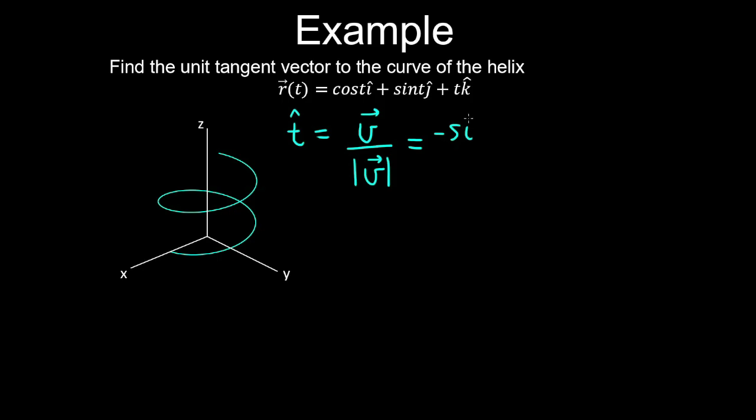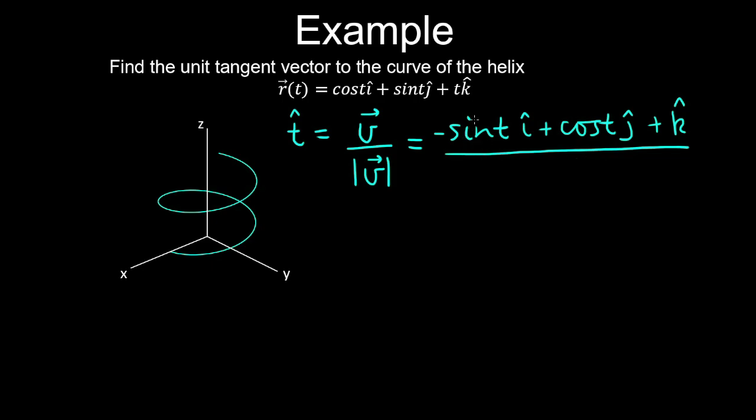So we get minus sine t in the i direction plus cosine t in the j direction plus k. And that's divided by the magnitude, which is the square root of sine squared t plus cosine squared t, which is 1 by the trig identity, plus 1, giving root 2.